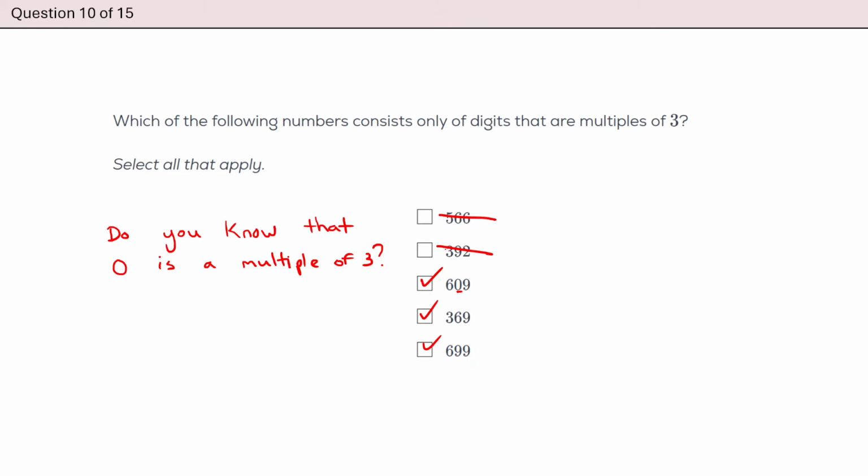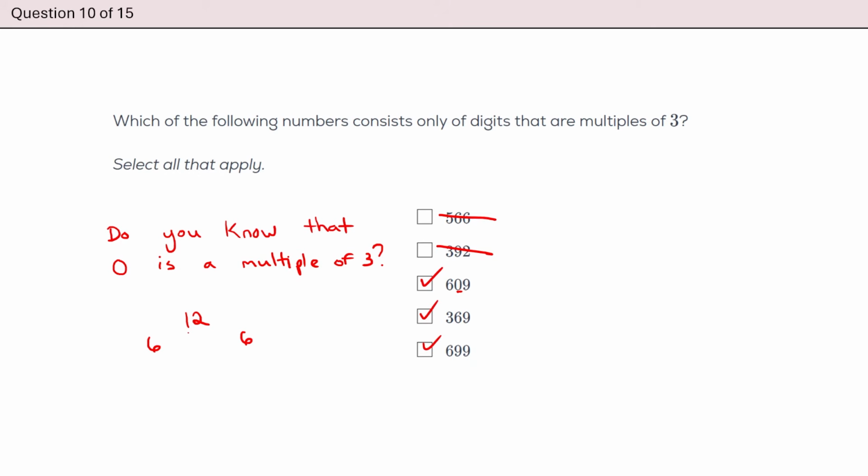Now, you might be asking, wait a minute, why is 0 a multiple of every number? Think about it this way. Take, for example, the number 12. Can you divide 12 into two groups? Yes, you can. 6 and 6. So because you can divide it into two even groups, it is a multiple of 2.